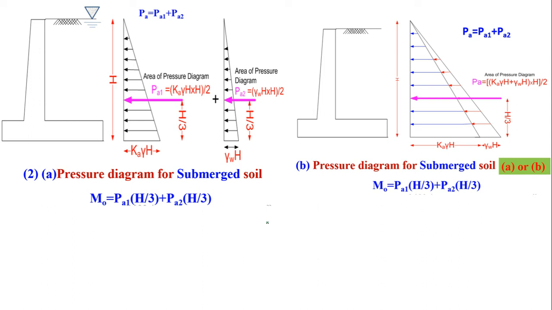Whatever approach of drawing the pressure distribution diagram is different: in the first case we have separate pressure distribution diagrams for the soil and water, and in the second diagram we draw the pressure distribution for soil and water together. This is the only difference, but both are the same.